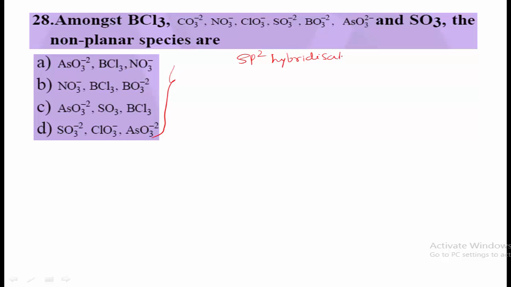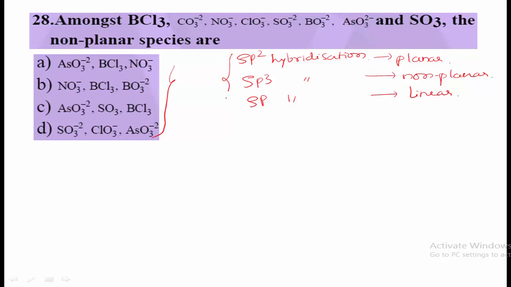If the molecule or compound has sp2 hybridization, then it is a triangular planar species. If it has sp3 hybridization, then it is non-planar, that is, it may have a tetrahedral or distorted tetrahedral structure. And if it has sp hybridization, then the compound is linear. Therefore, in order to find which one is planar and which one is non-planar, we should know the hybridization.